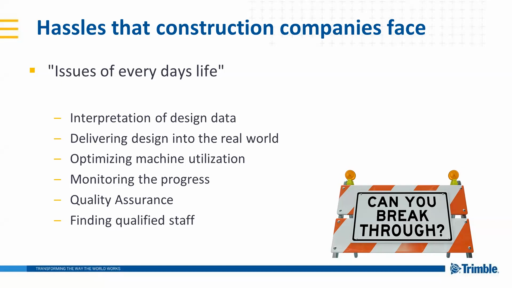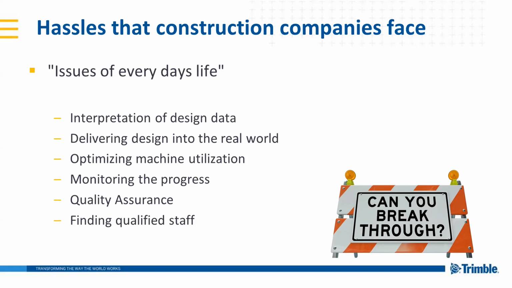Another one is optimizing machine utilization. Is the machine working or is it idling? Is the machine operator maybe just having a lunch break and leaving the machine running to have the air conditioning cooling it down? And another point is monitoring the progress. So what is actually going on site? If you're using scheduling software like Trimble TILOS for time distance scheduling, how do you know whether you're on track or not?